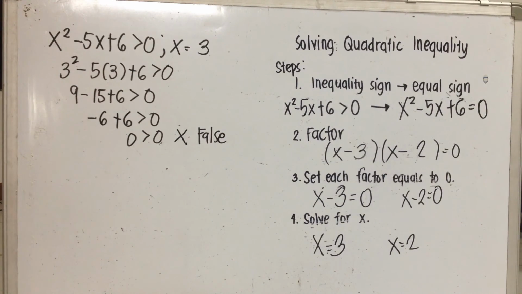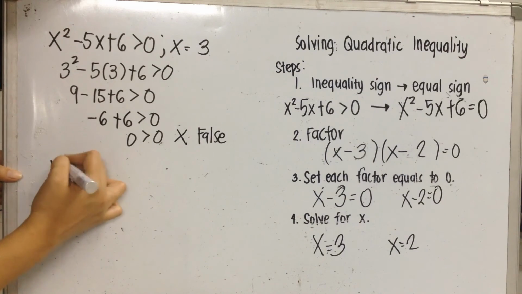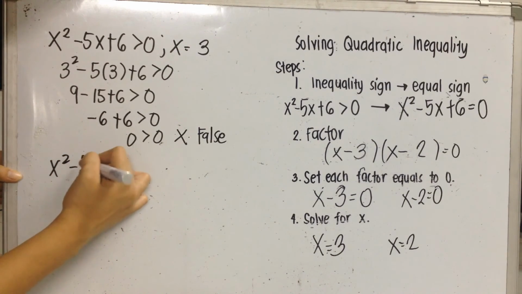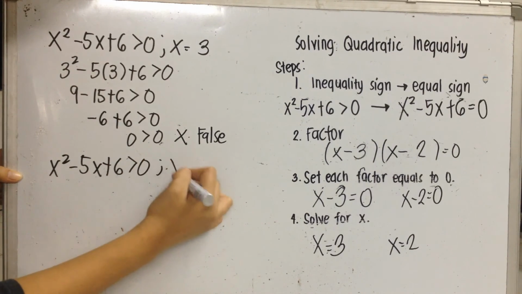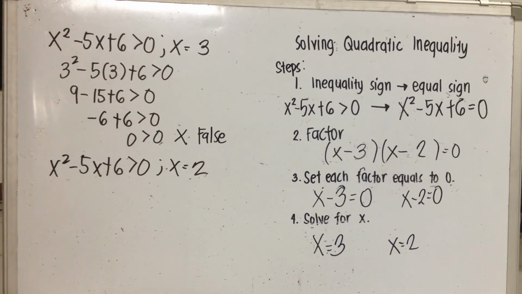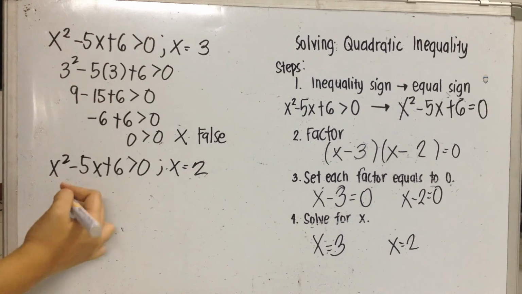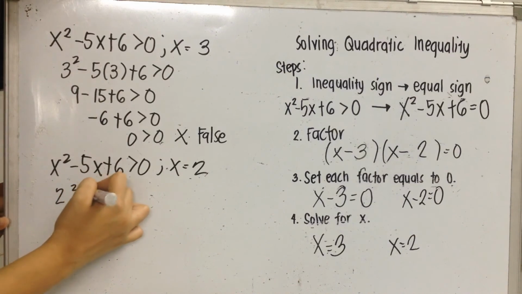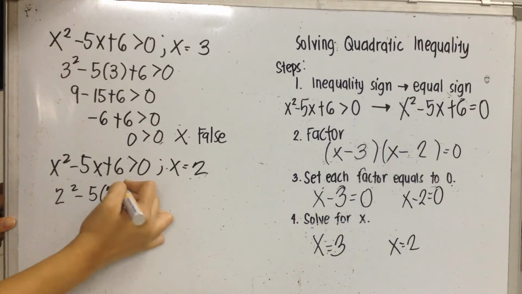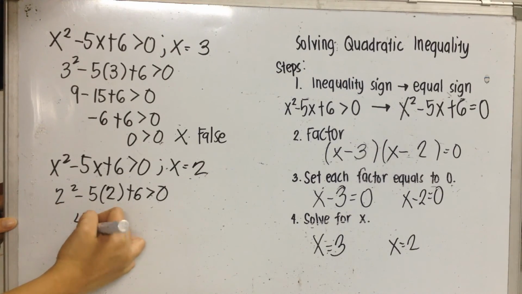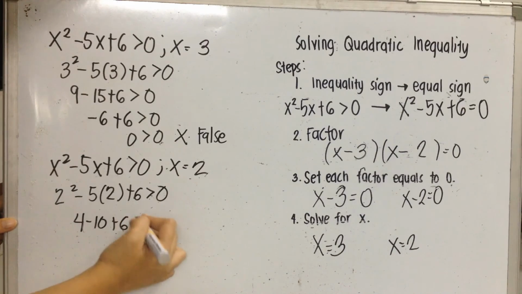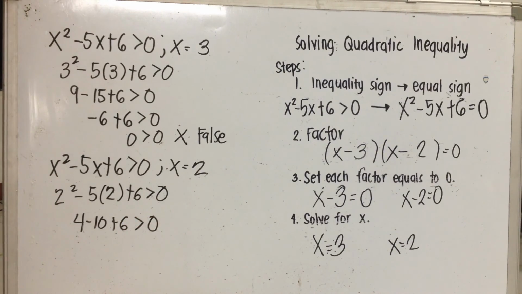The statement or the quadratic inequality will be false if the value of x is 3. How about if the value of x is equal to 2? Substitute natin. So, 2 squared minus 5 times 2 plus 6 is greater than 0. 2 times 2, that is 4, minus 10 plus 6 is greater than 0.